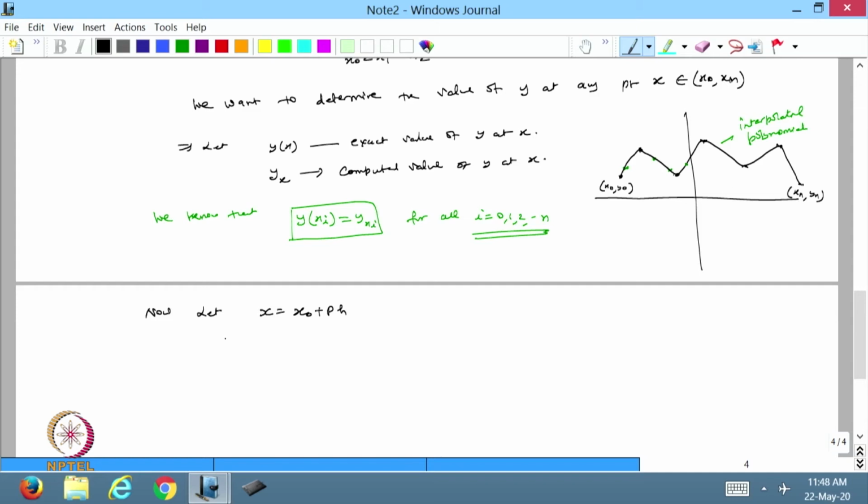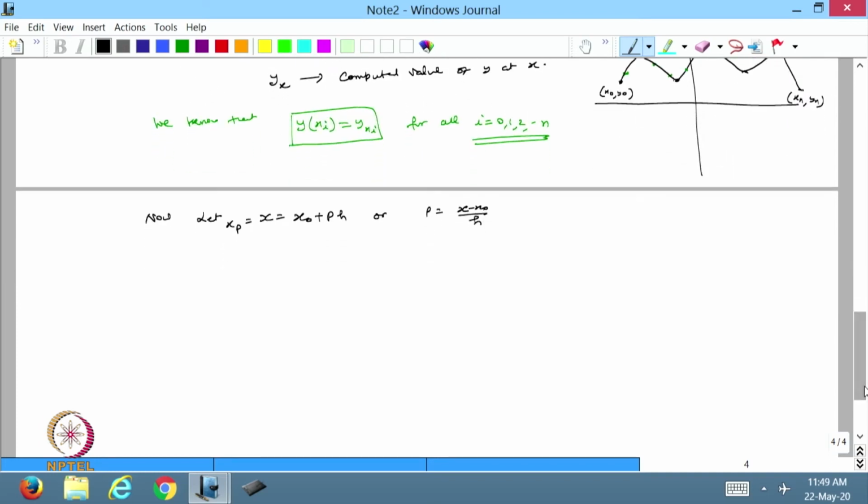I introduce a variable p; h is already known to me, and x naught is the initial point of the data, and I call it x p. Or from here I can say that my p is equal to (x minus x naught) by h. So, this p I am introducing.